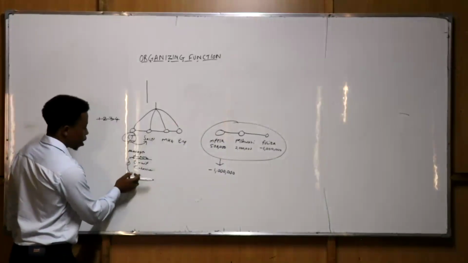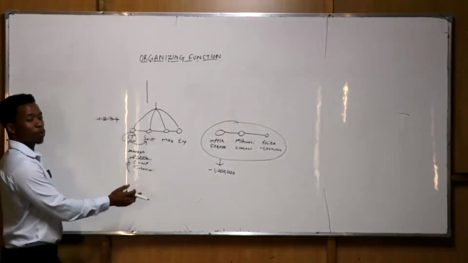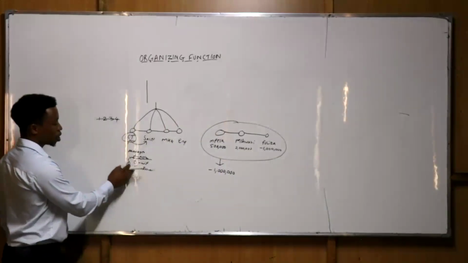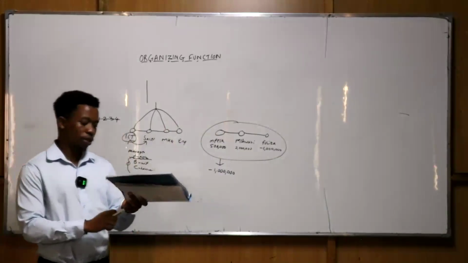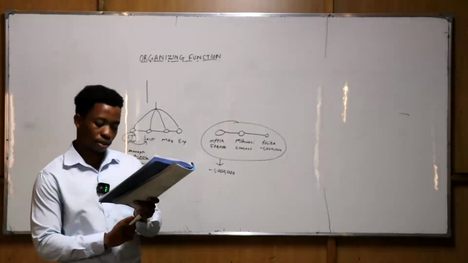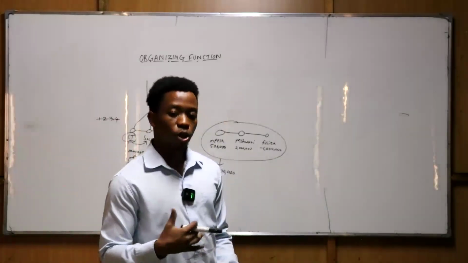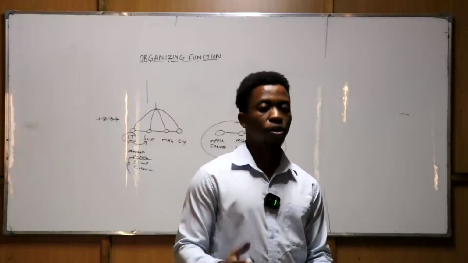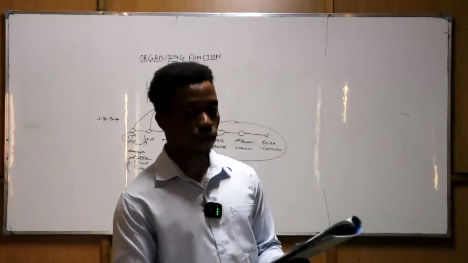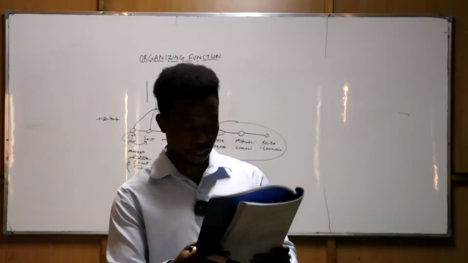Huwezi mwambia hauko in charge of C, but then you expect him to tell you how C performed. So that is what that point means, that the results that should be expected should be coherent with the amount of authority that you have been given.